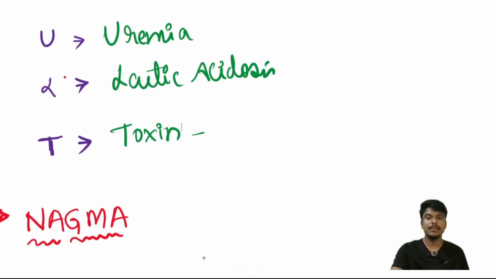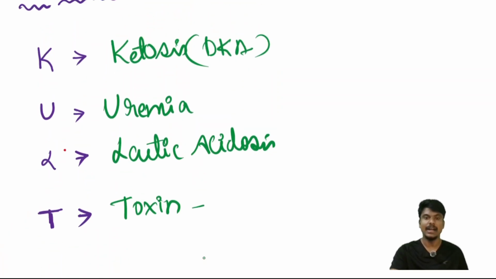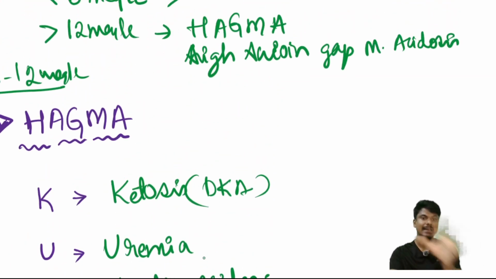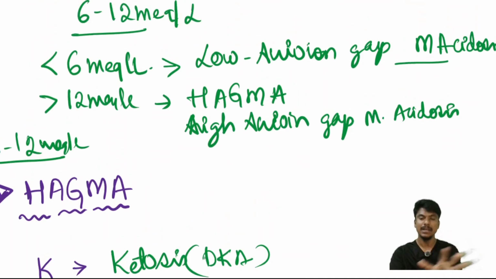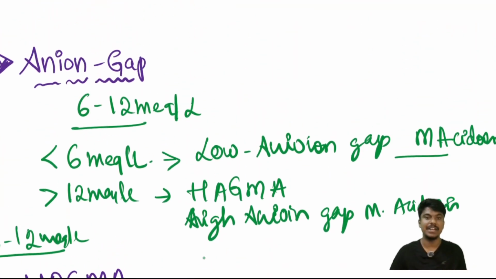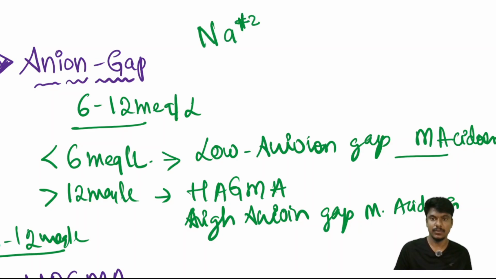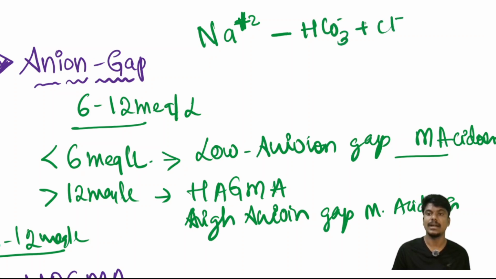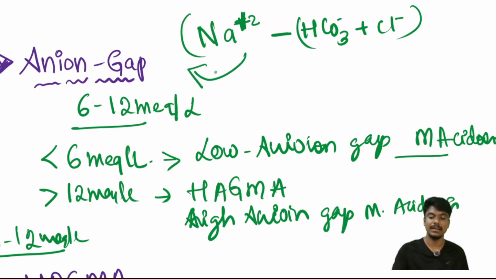Before talking about NAGMA, how will you get the anion gap? The anion gap is a calculated value; an ABG will give a calculated value. There is a formula: you take the cation, sodium, which you will get on the ABG, and subtract the negative ions, bicarbonate plus chloride. Normally, take sodium as 140, bicarbonate as 22, and chloride as 100. So 140 minus 122 gives you around 18, which is the anion gap.